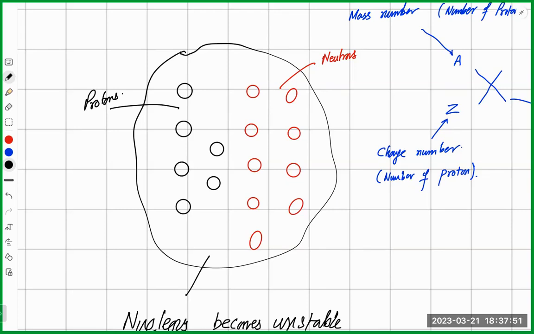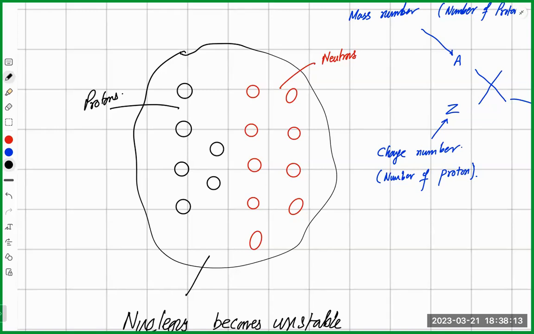My question is, what will be the total number of neutrons in this? If neutrons are represented by the red circles, how many neutrons are there? 9, sir.